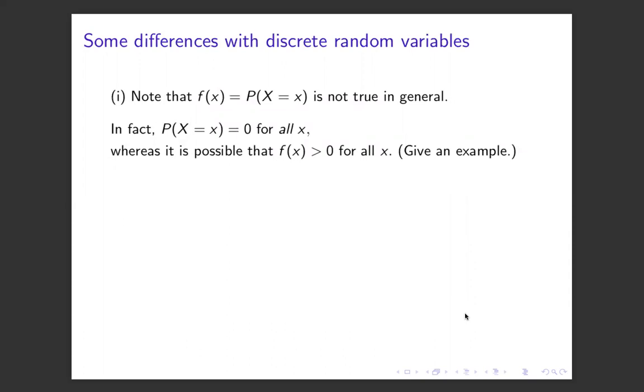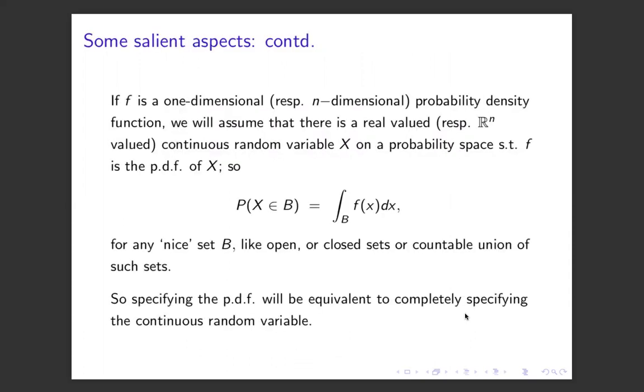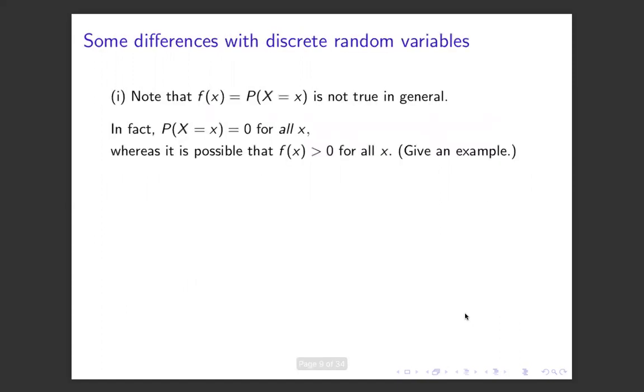So in these aspects which we have been talking about, it is very similar to the discrete random variables, but there are some crucial differences. We know that in the case of a discrete random variable, the probability mass function f of x is precisely the probability that X equals x. In the case of a continuous random variable, it is generally not true, unless, of course, both sides happen to be zero.